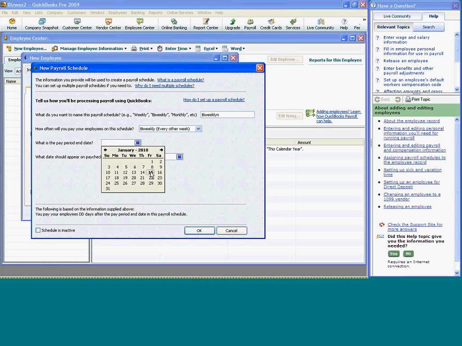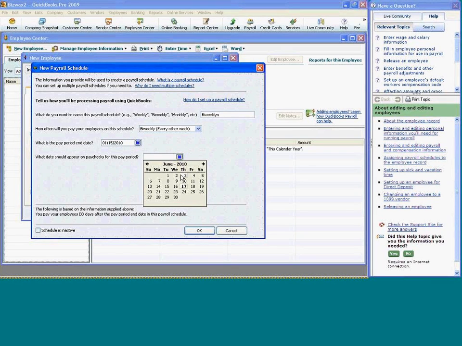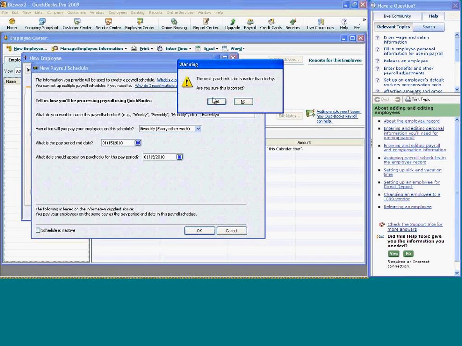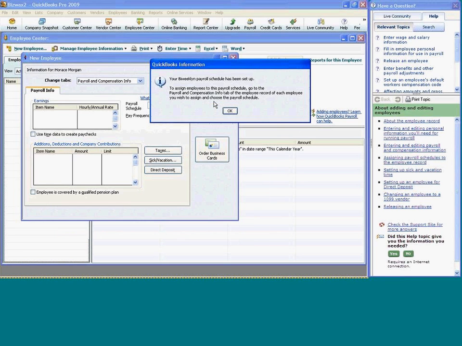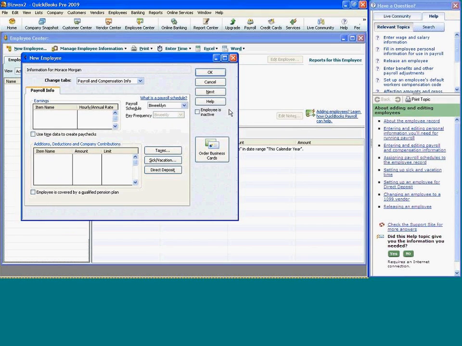The first payroll period ends on the 15th. And when it comes out on the 15th, that's the first every 2 weeks. It should be dated as the 15th. You pay your employees after pay in the thing. So that's the idea. That's called the payroll schedule. Okay, this is correct. So now we have a schedule.